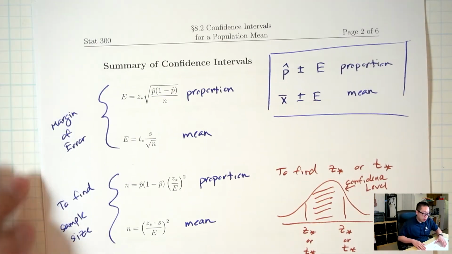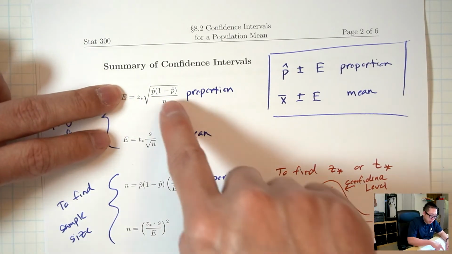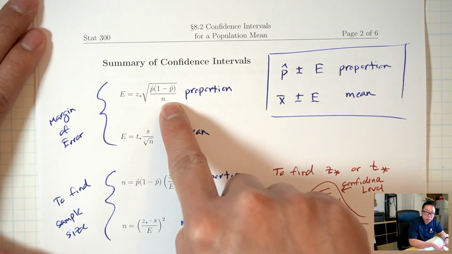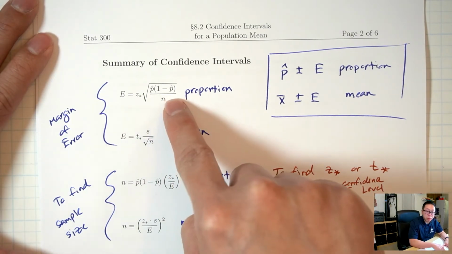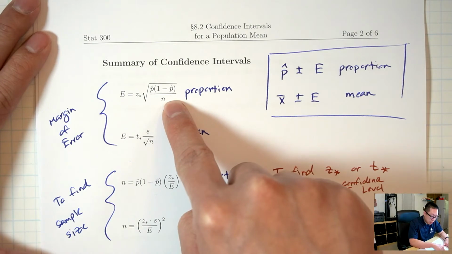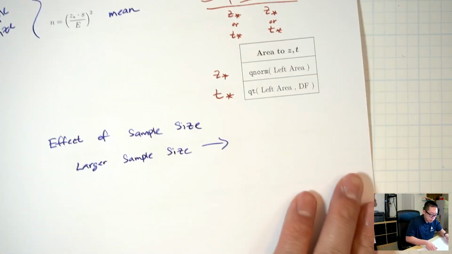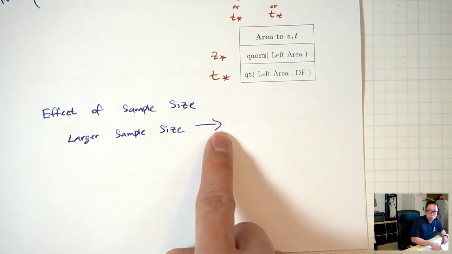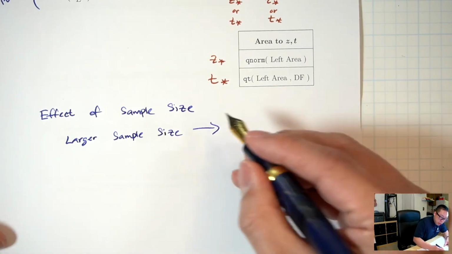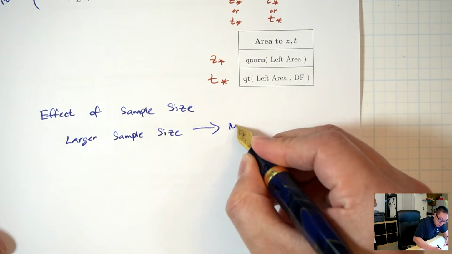Right? Notice that in both these formulas, the n is on the bottom, right? N is on the denominator. In other words, you're dividing by n. So if you're dividing by a bigger n, overall, you'll get a smaller margin of error. Larger sample size will result in a smaller margin of error, which is the same thing as saying a narrower interval.